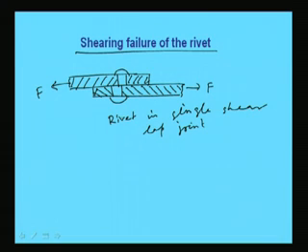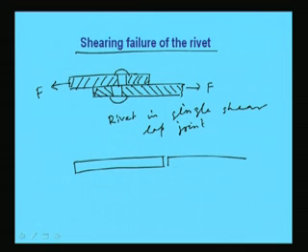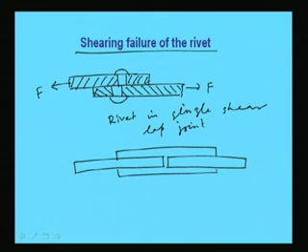We will come later in details, and if a plate is given like this and another is like this, for a butt joint, suppose we are connecting these by two plates, and say this is the failure pattern of the butt joint, say another rivet is here and it is going to fail like this.